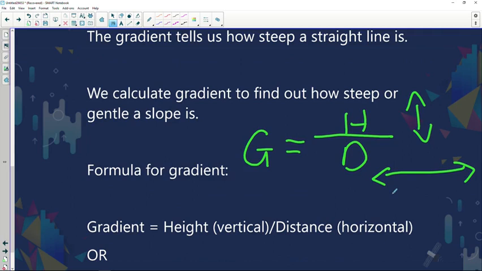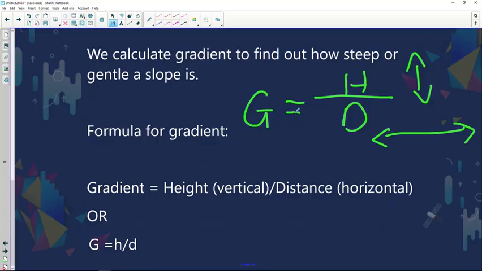How much is the gradient increasing between the one point and another point? So in short, that's our formula: gradient equals height over distance. And what I usually tell my learners is, it's usually the height difference, because you need to establish what's the difference between the one point and another point.